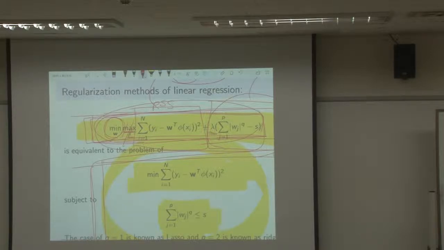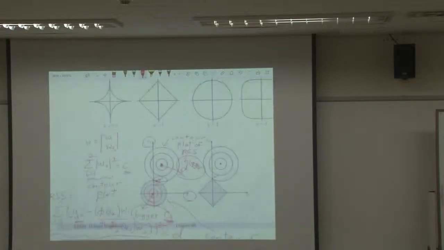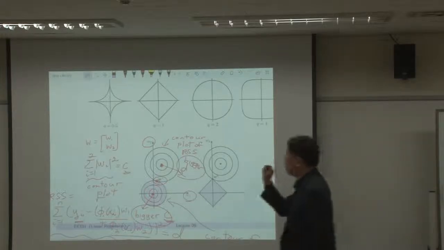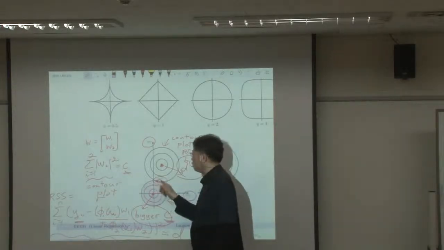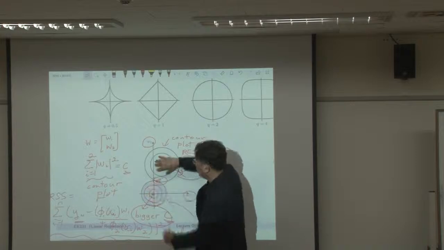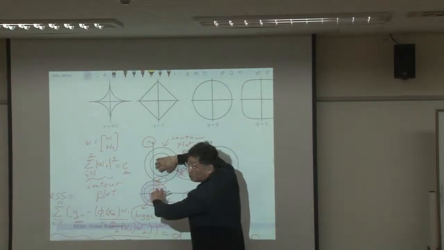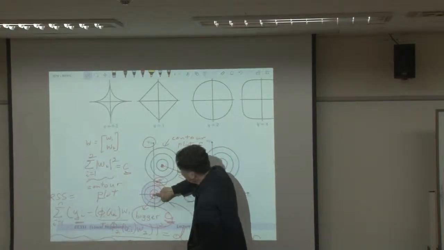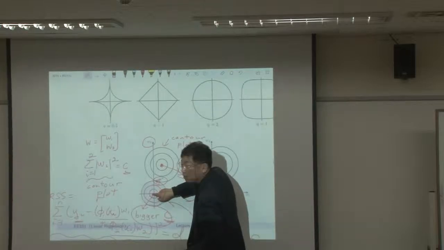Yes? But in this special case, I think that we have W's which will align on one line, like between the center and the center of the second circle. You can only have one W, right? For some W, you want both of these circles to be small, right? One's centered around here at the origin, that's the regularizer.